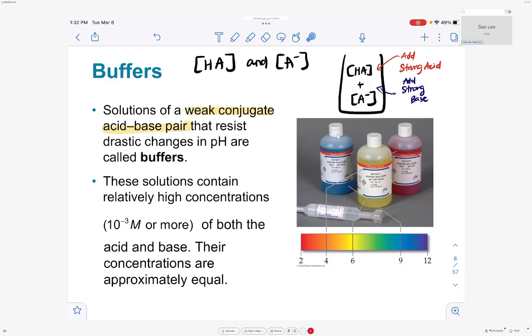If you add a small amount of strong acid or strong base into these buffer solutions, the buffer solution will resist drastic changes in pH.